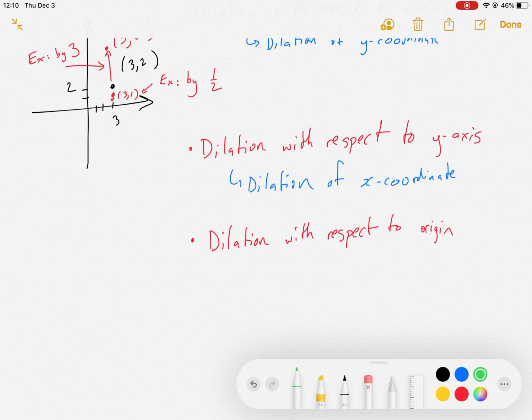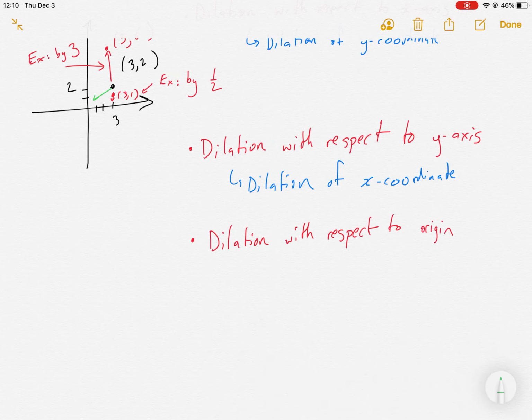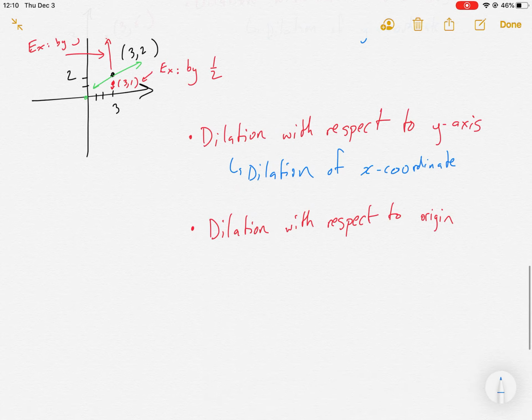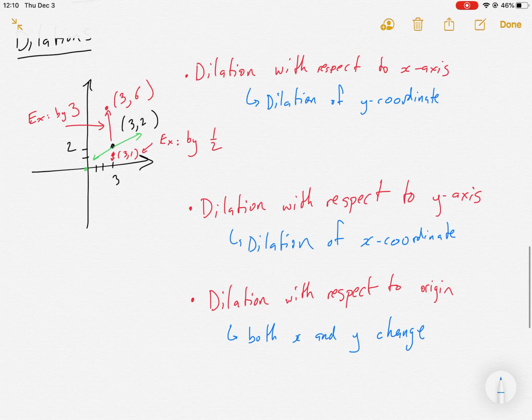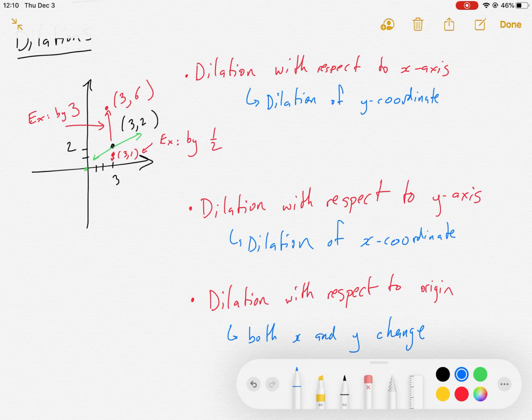So if I'm going back up to my diagram here, that means I'm either getting closer or further away from that origin point. And so in this case, both x and y change or get dilated. So we essentially have 3 different types of dilations that we're going to be looking at, and we'll take a look at the matrix for each.